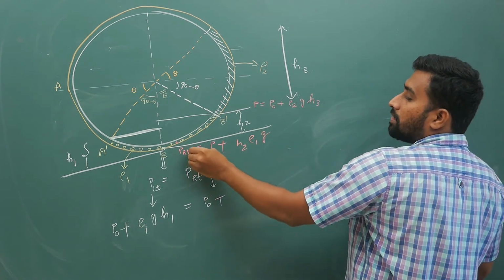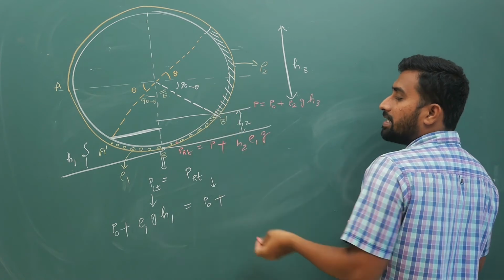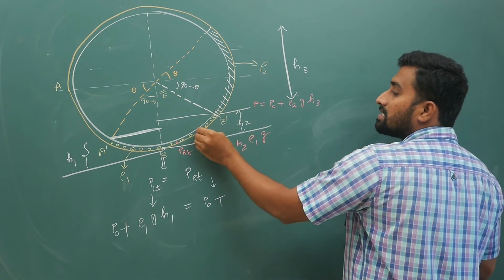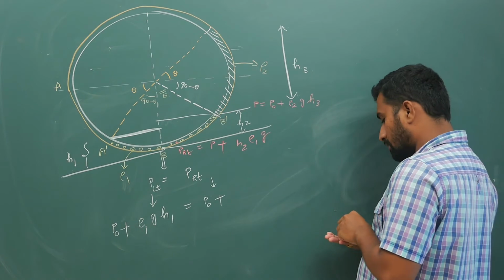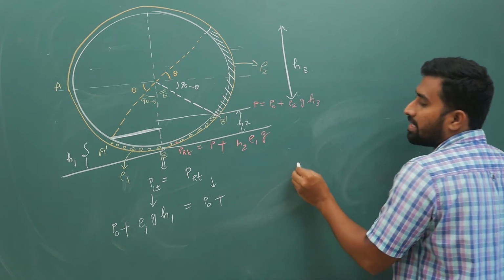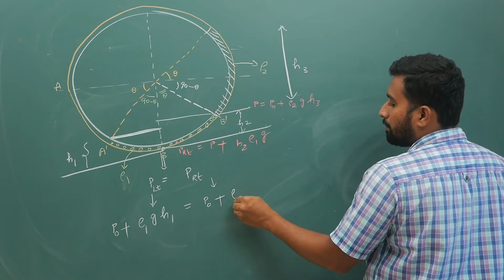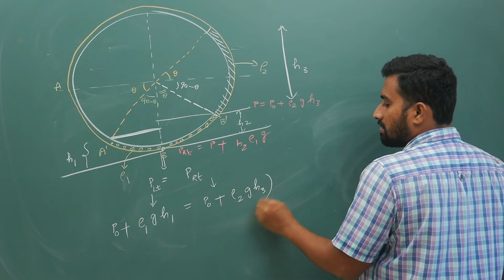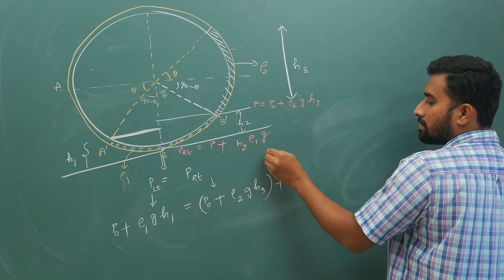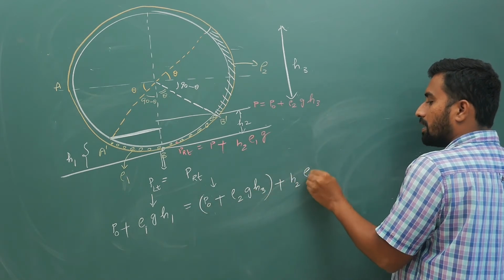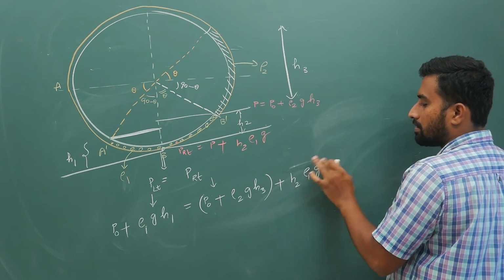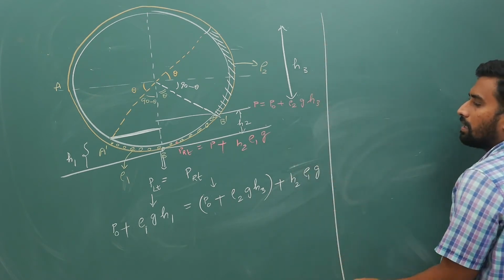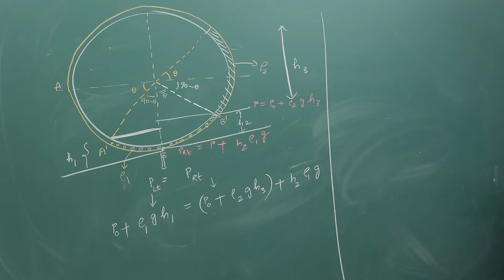Pressure at bottom point is pressure at top point plus height into ρ into g. This liquid's density, the yellow one, is ρ1. So your final answer is P0 plus ρ2 g h3 from top part plus h2 ρ1 g for the bottom part. Now you simplify these values.